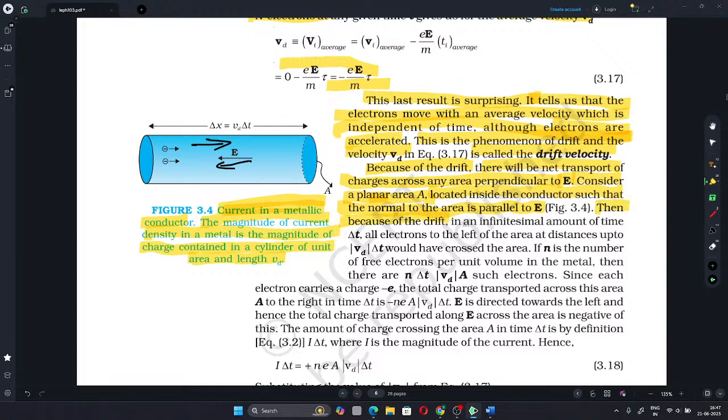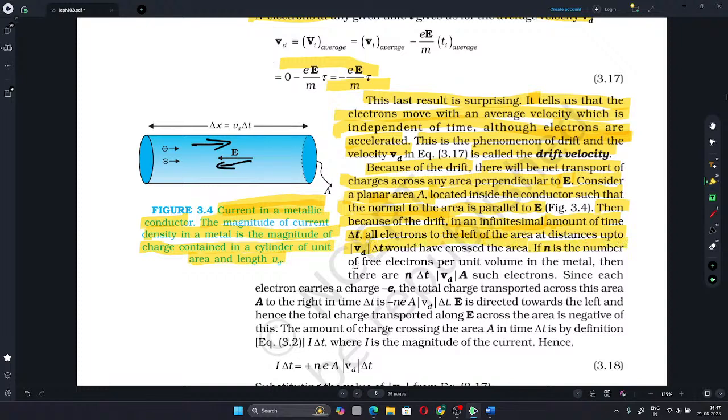Then, because of the drift, in an infinitesimal amount of time, delta t, all electrons to the left of the area at distances up to Vd times delta t would have crossed the area.